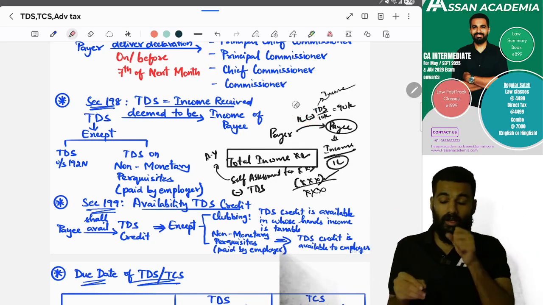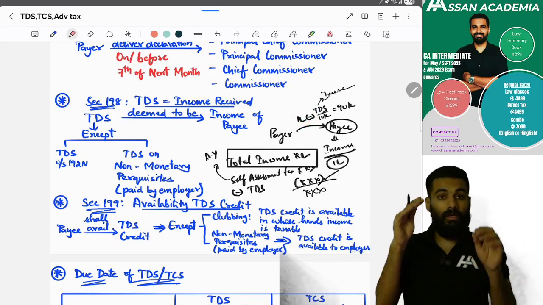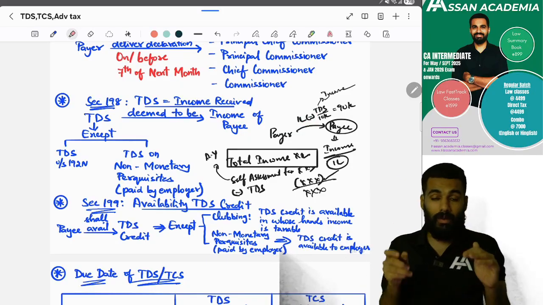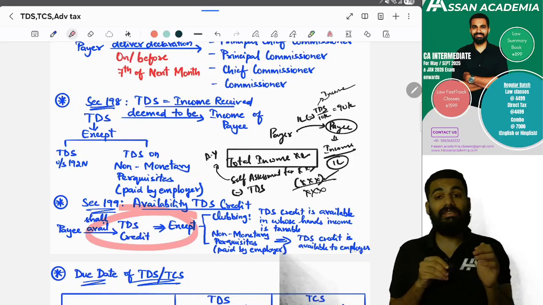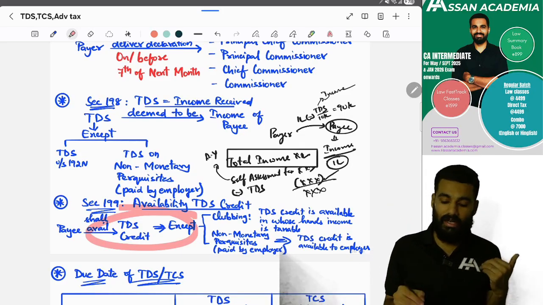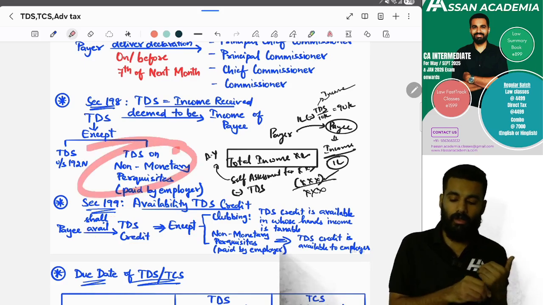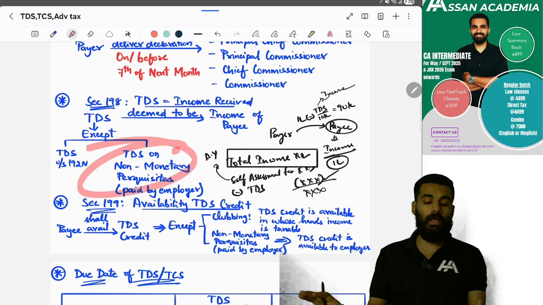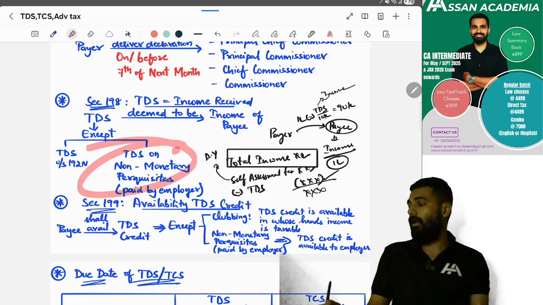Yes, in the total income he will mention 1 lakh rupees, and he can also avail the TDS credit, but it is not applicable for non-monetary perquisites.